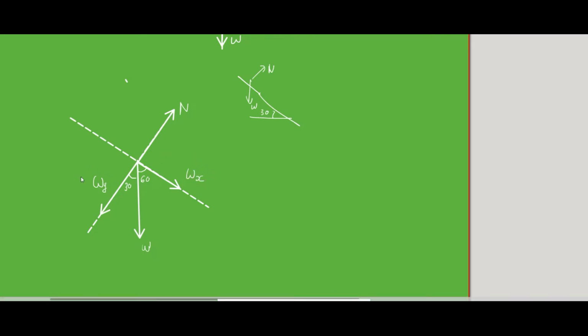So what will Wy be? Wy is W cos 30 and Wx will be W sin 30. I'm just using theta for now.